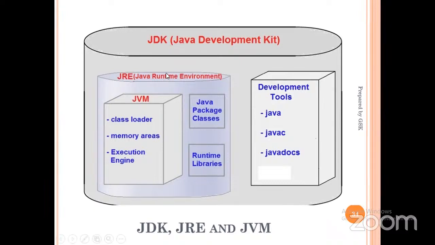Within the JDK, we have the JRE. Observe, JRE stands for Java Runtime Environment, and some development tools. Development tools means the tools required to develop and compile a program.